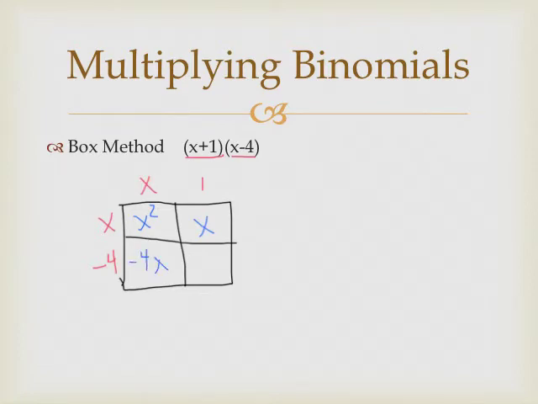And then lastly here, I have 1 and minus 4, and 1 times -4 is -4. And so this solution is x squared plus x minus 4x minus 4, which is exactly like what we've seen twice already by now. So it's x squared minus 3x minus 4.